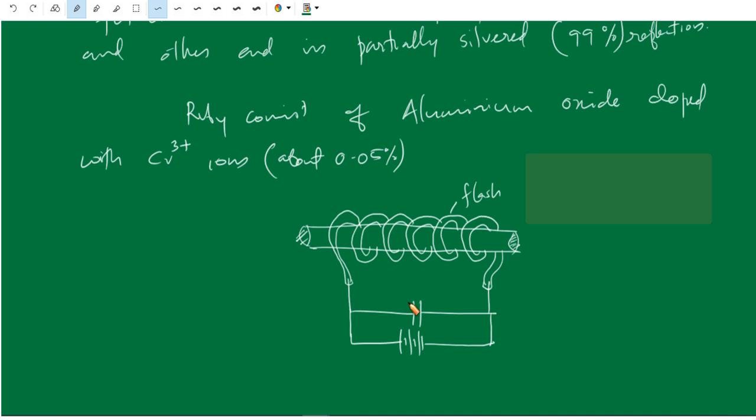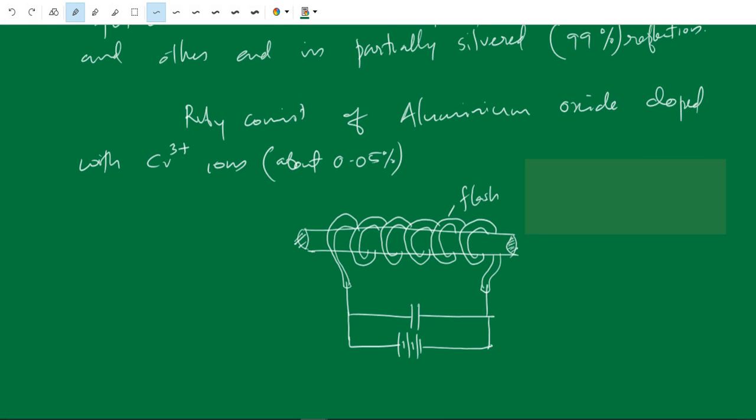The two ends of the ruby rod are polished or silvered to convert them into mirrors, so that the photons inside will be traveling back and forth. One end of the mirror is partially silvered, so that the laser output can be taken out through that end. This partially silvered end is called the output coupler. This is the construction of a ruby laser.